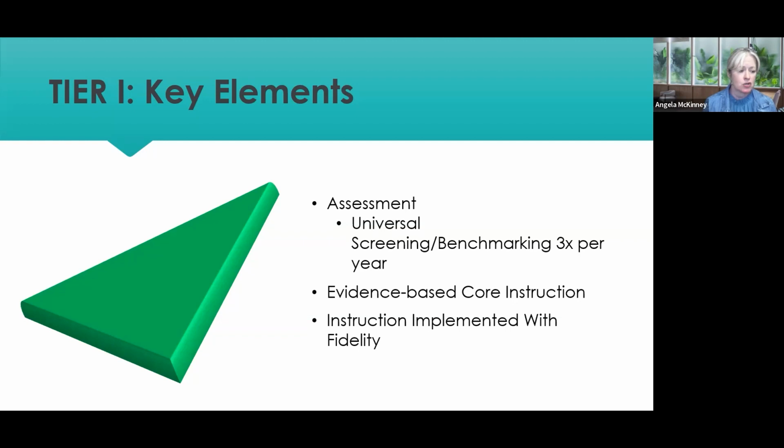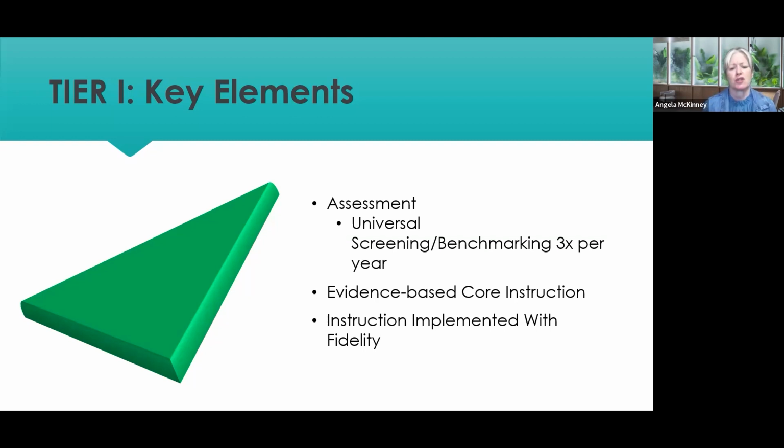The idea is to make sure that we're sitting down periodically, so at least 3 times a year, and deliberately looking at that data as a whole from many different angles so that we can say, we are doing great with this, or we need a little work in this area, or, oh my gosh, what are we going to do, right? So every time that we look at that data in a very systematic way, it's telling us about the health of our system and what needs to happen next.